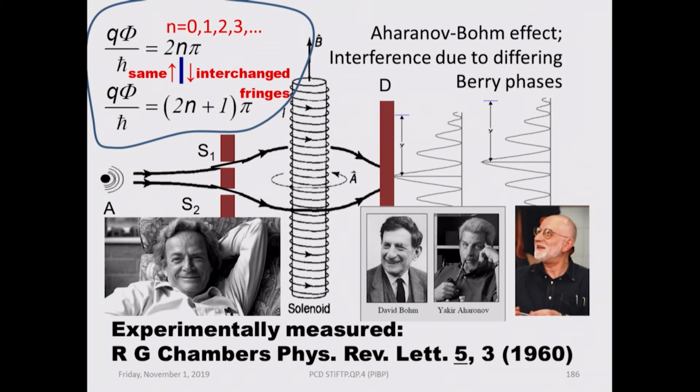And when this phase difference is 2n pi, there will be no change, and when this phase difference is 2n plus 1 pi, then the bright and the dark fringes will interchange. Where you had the bright fringes, you will have the dark fringes, and vice versa, whenever q phi over h cross, phi being the flux, is 2n plus 1 times pi. Okay?